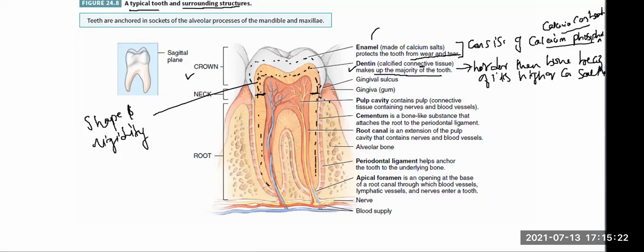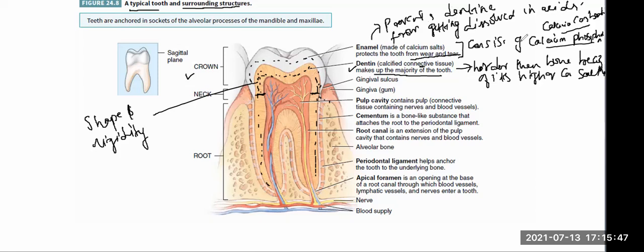Basically it prevents dentin from getting dissolved in acids that may be present in your food.